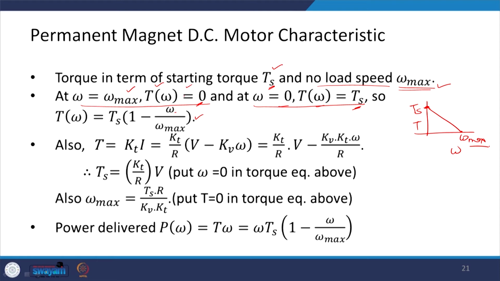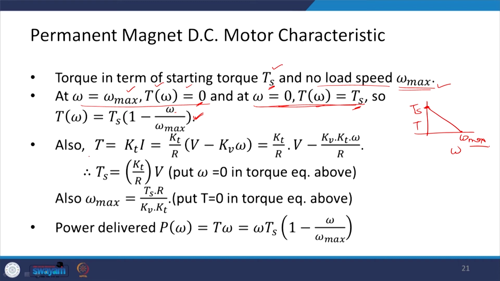So I get the first part. If I put omega equal to 0 in this one, then my torque is going to be Ts. So I get the second part. This equation generalizes the relationship for both parts.